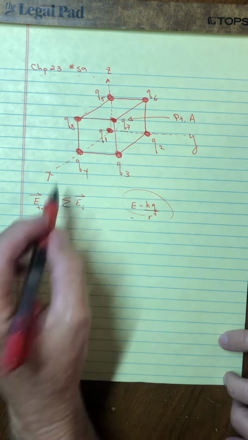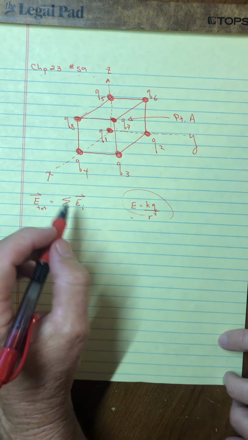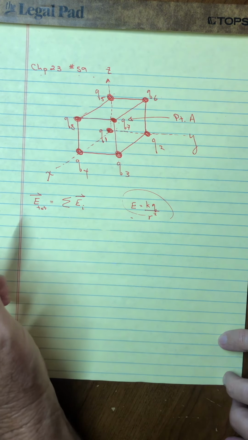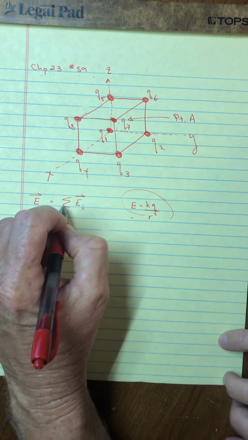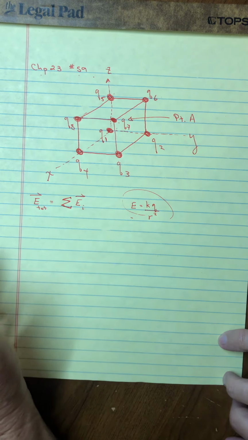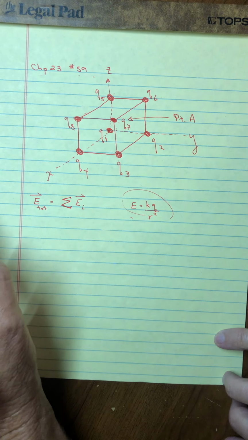Then everything can be thought of as a bunch of points, even continuous objects. Of course, then we would add up an infinite number of really tiny points, so that's where calculus would come in. This would just remain as a summation, so this is supposed to look more like a capital Greek sigma here. So this is the summation of a bunch of points.